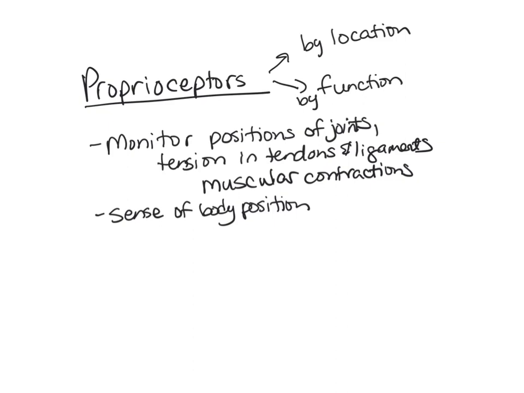We name some of these proprioceptors as muscle spindles. Muscle spindles are in your muscles and they're detecting the stretch that's going on in your muscle at the moment. And in tendons, those receptors are called Golgi tendon organs.